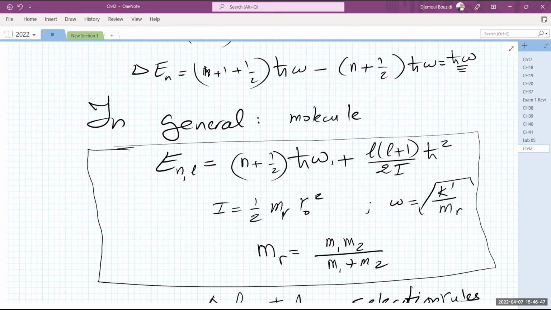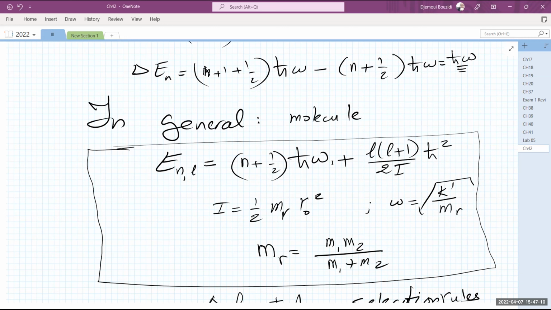Oh, I'm sorry. They gave you also the value of K, which is 1.9 times 10 to the power 3 in this case, which is a big, strong value. Newton per meter.